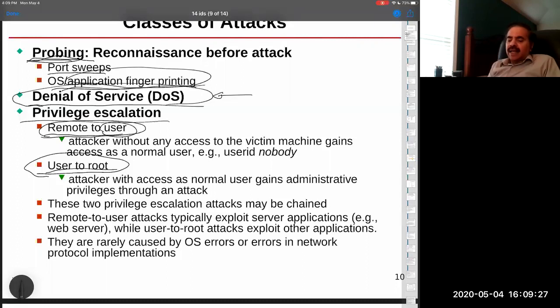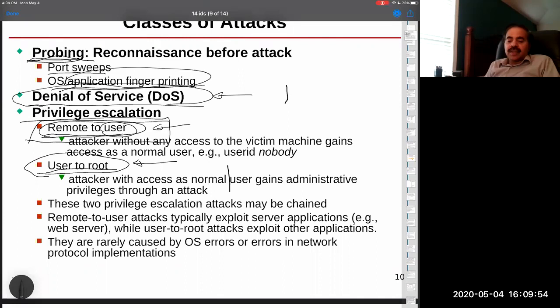Typically, an attacker would combine these two steps so that they ultimately have the administrative privilege on a target machine. But sometimes they don't need the administrative privilege in order to carry out their attack, and they may just stop with a remote to user attack. Okay, so that's about the different classes of attacks.